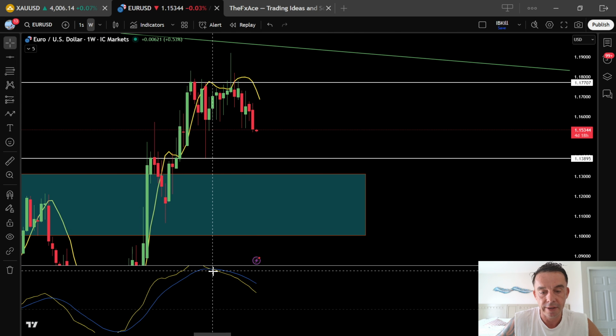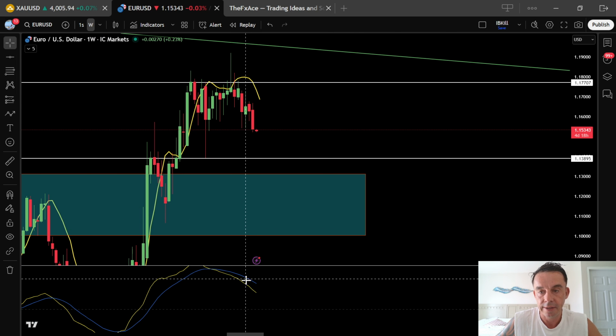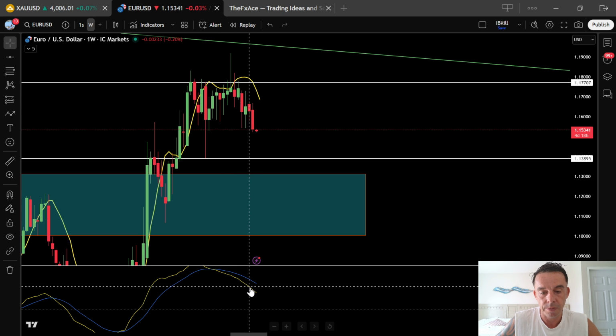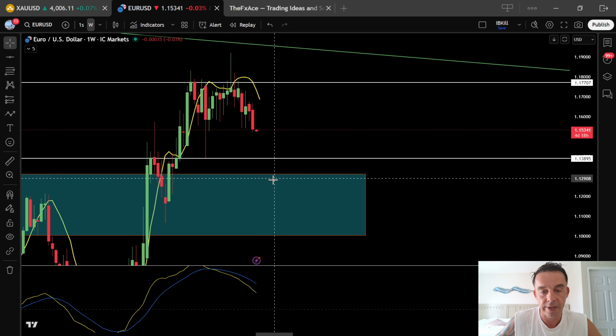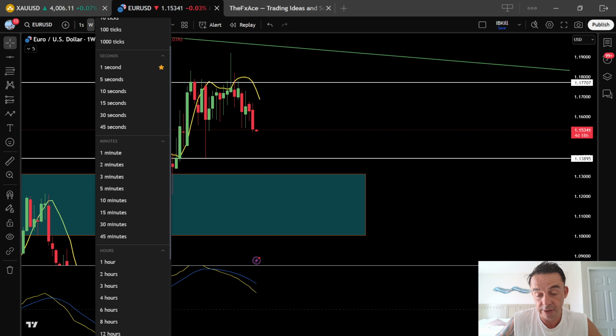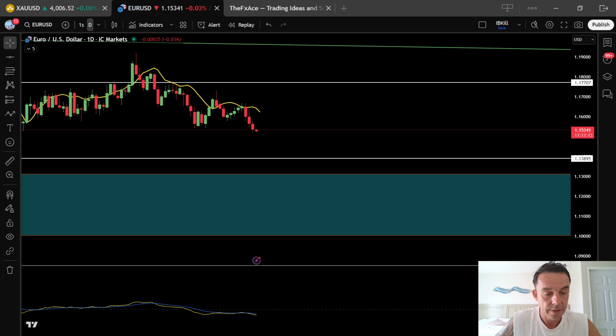We can see we've also got that MACD crossover in the daily. The yellow moving average is starting to slope even more downwards, so this is all indicating we are going to head south. Looking at the daily charts.